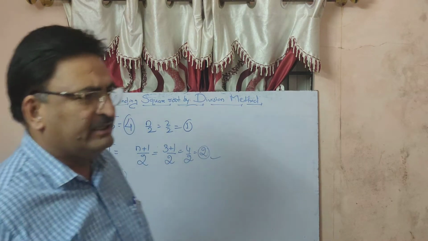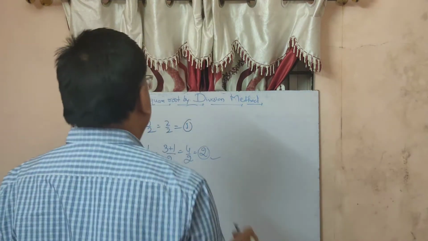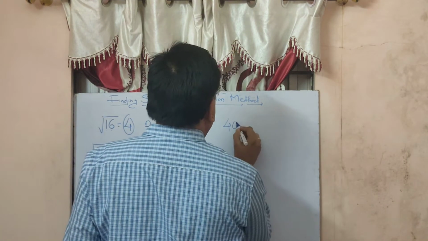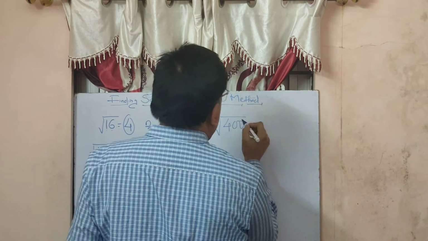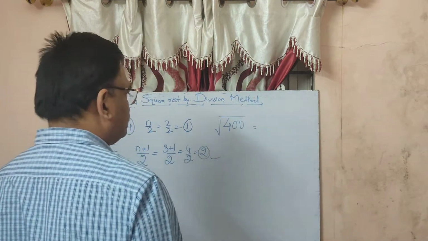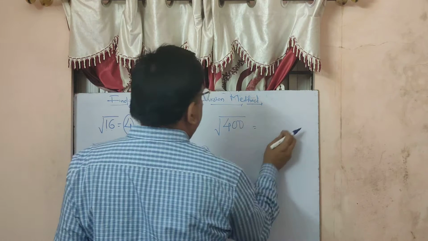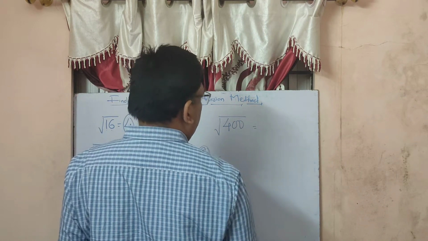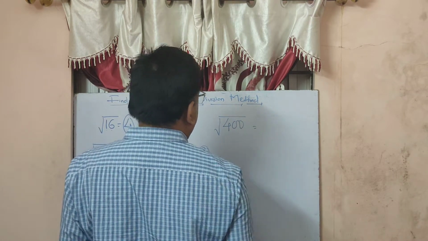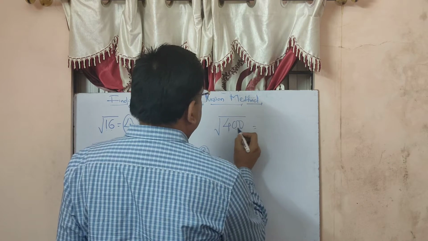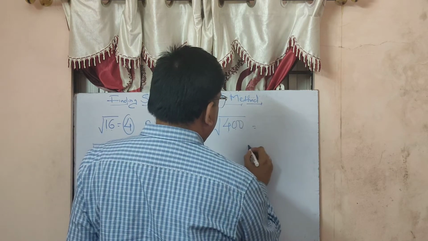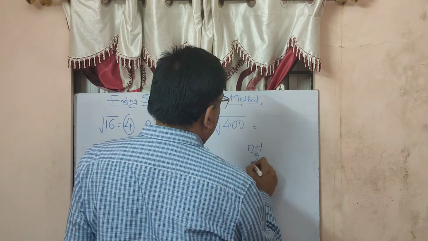In the same way, you can calculate. For example, the square root of 400. We don't know the square root of 400, but we have to find how many digits it will have. 1, 2, 3, there are 3 digits. That is an odd number, so n plus 1 upon 2.